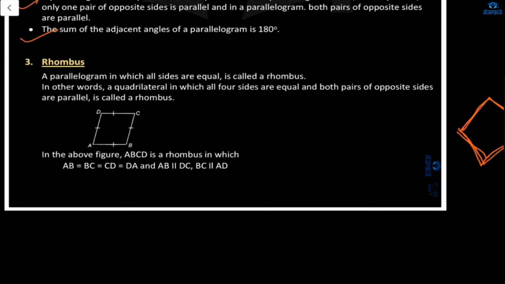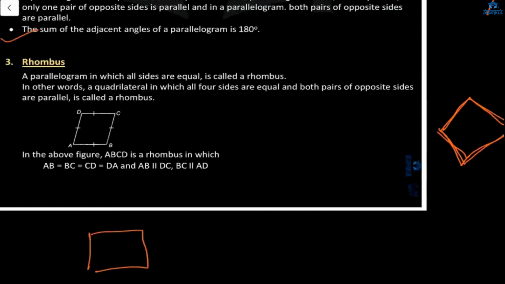The angle made here is 90 degree in the square. This side is perpendicular to this one, and this side is perpendicular to this one. All the angles are 90 degree, and all the sides are equal. But in a rhombus all the sides are equal, but the angle is not 90 degree; they're not perpendicular. In the above figure, AB is parallel to DC and BC is parallel to AD.